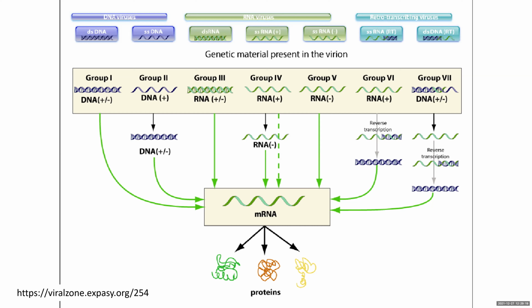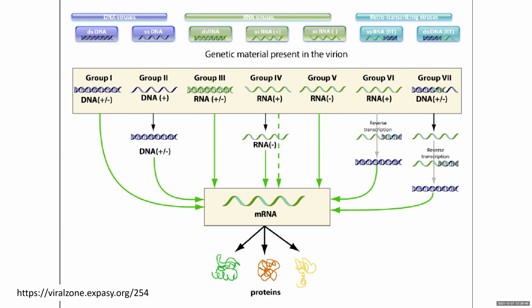That messenger RNA leaves the nucleus of the cell and goes out into the endoplasmic reticulum, where it's going to find a ribosome that's going to make a protein from that messenger RNA.